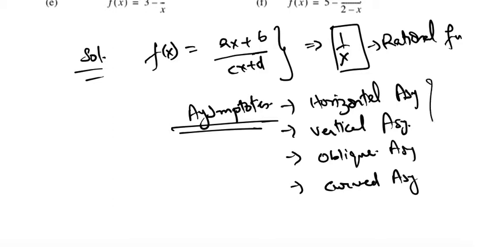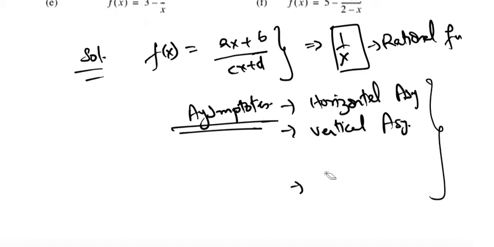So these are the types of asymptotes that we get from rational functions. However, in this video we will be covering only horizontal and vertical asymptotes, only these two.